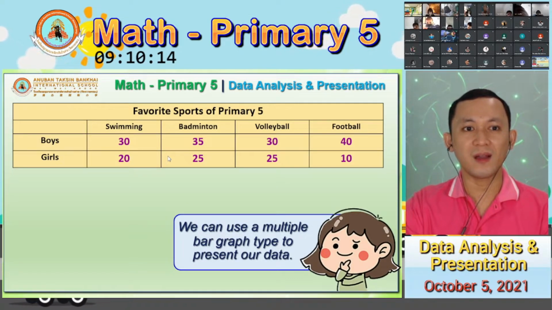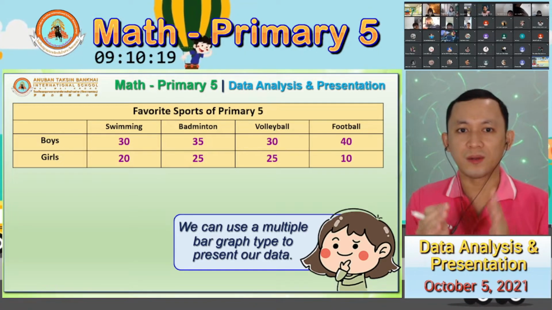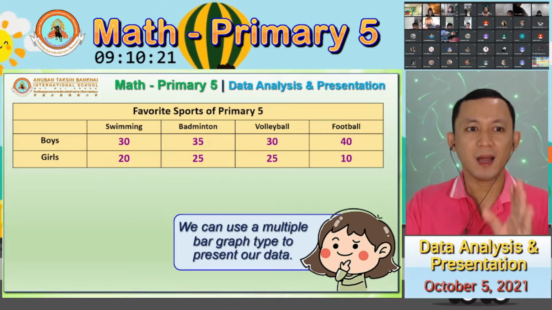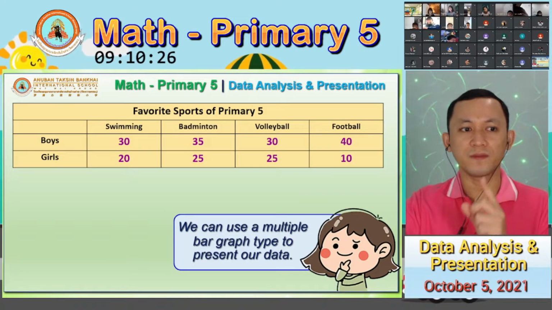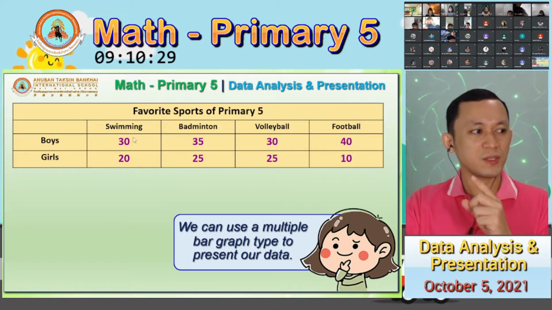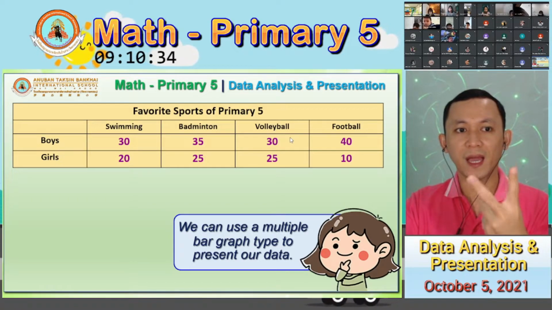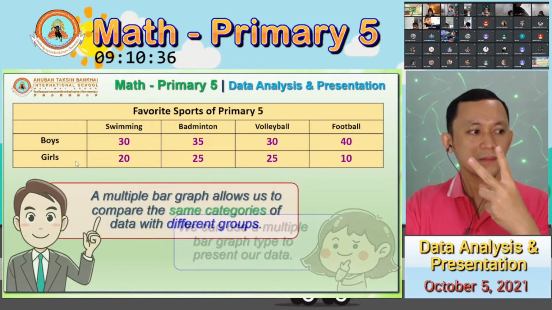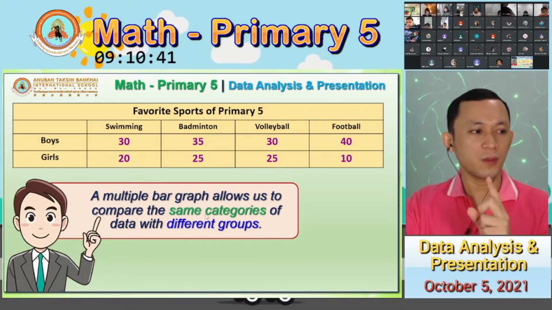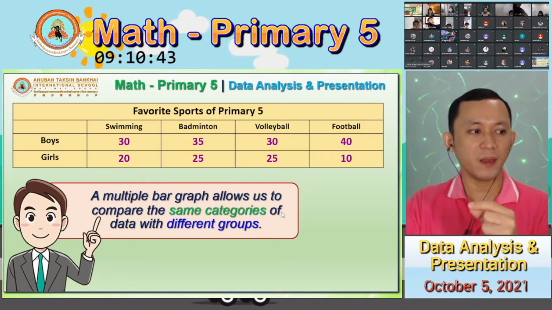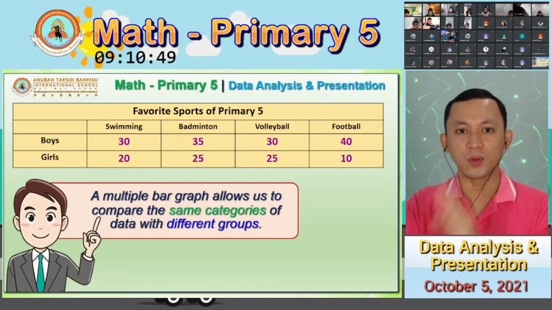This is what we call a multiple bar graph. How are we going to make a multiple bar graph? You can see here that we have the sports and two categories. A multiple bar graph allows us to compare the same categories of data with different groups.